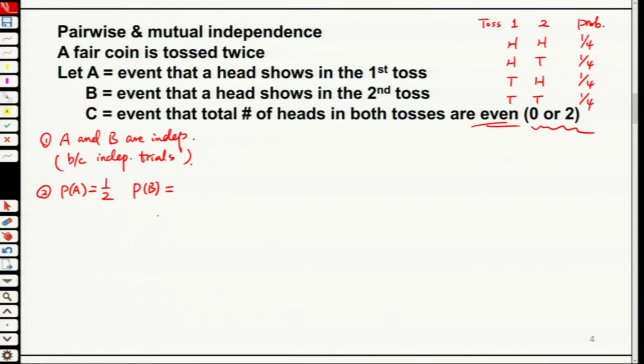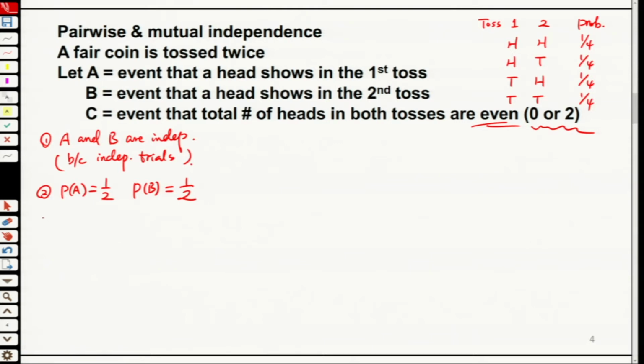We are not considering head or tail showing up in the first one. We're just saying, head shows in the second toss. What's the probability? It's the second toss, and you only have two possibilities, head or tail. So the head showing up in the second toss is actually 1/2. Okay.